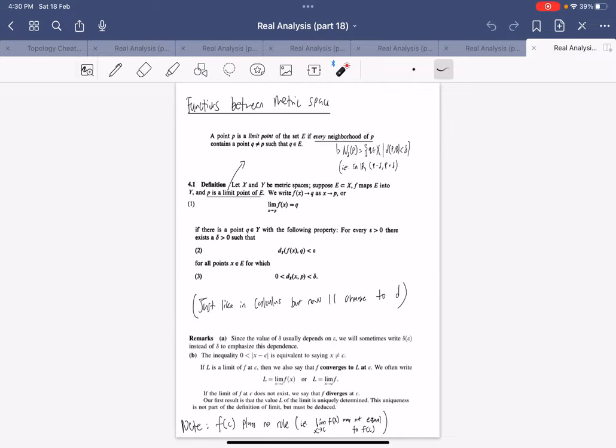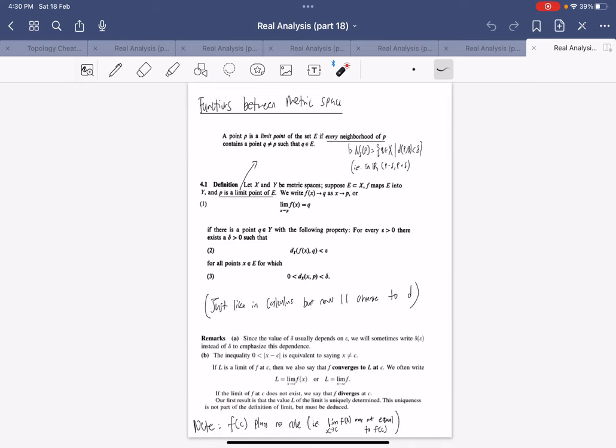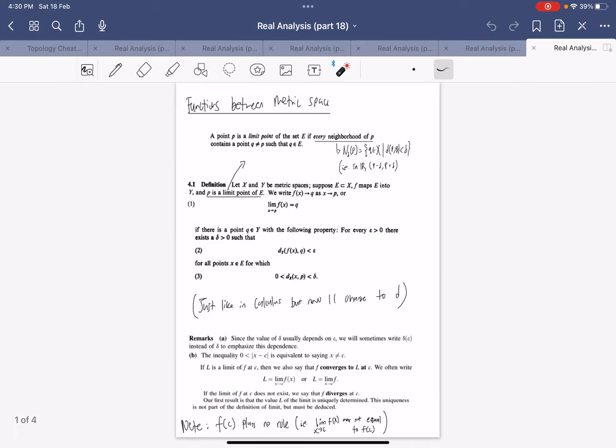You can check out my calculus videos, or you can understand it from a sequence perspective. Note that f(c) doesn't play any role in this definition of the limit, as in calculus, because we want to know how f(x) behaves approaching point p, and we don't need to care about f(p) at that point.